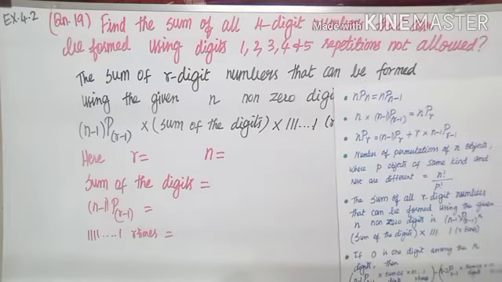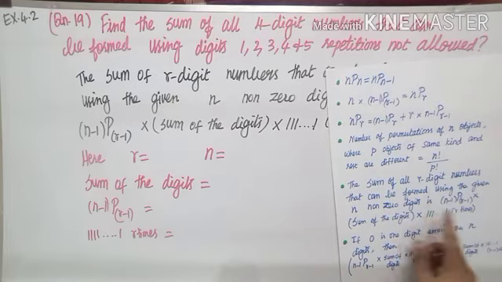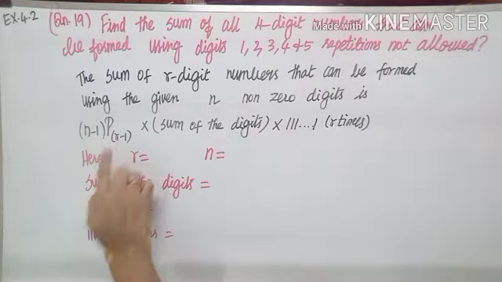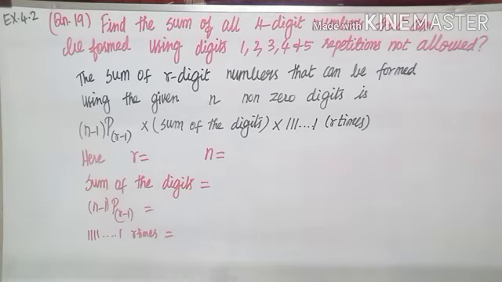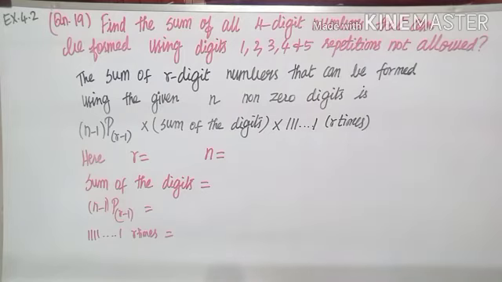Sum of all r-digit numbers that can be formed using the given n non-zero digits. The formula goes like this: (n-1)P(r-1) into sum of the digits into 1111 up to r times. How am I to apply in this problem?